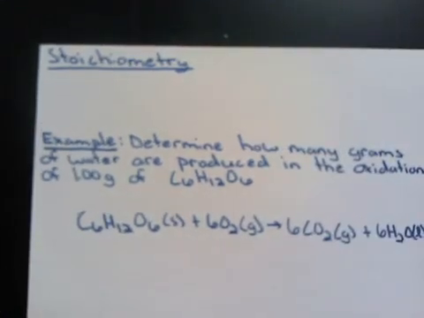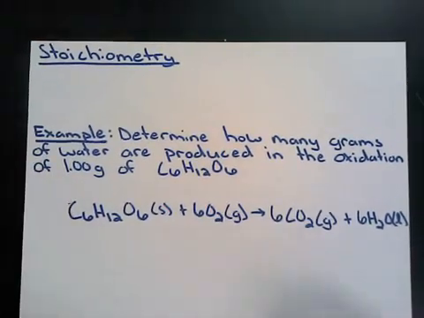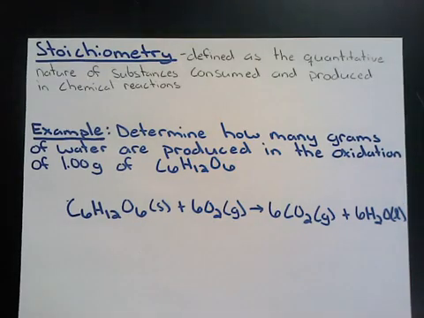So, stoichiometry is defined as the quantitative nature of substances consumed and produced in chemical reactions. It's built upon the understanding of atomic masses, chemical formulas, and the law of conservation of mass.